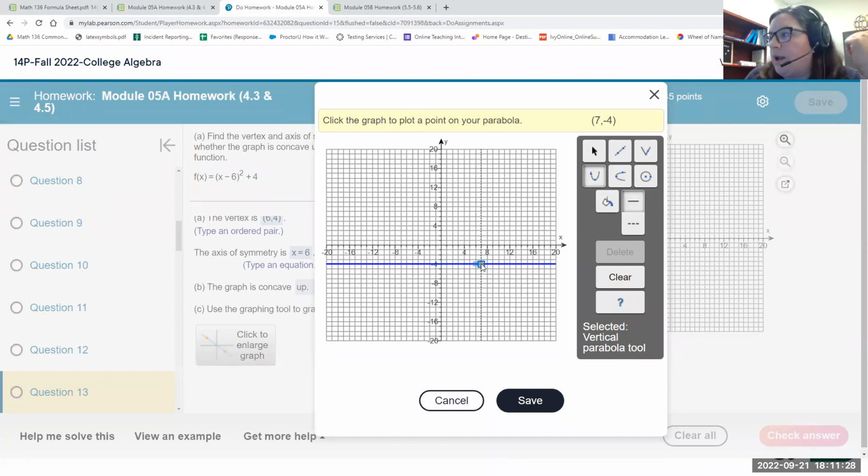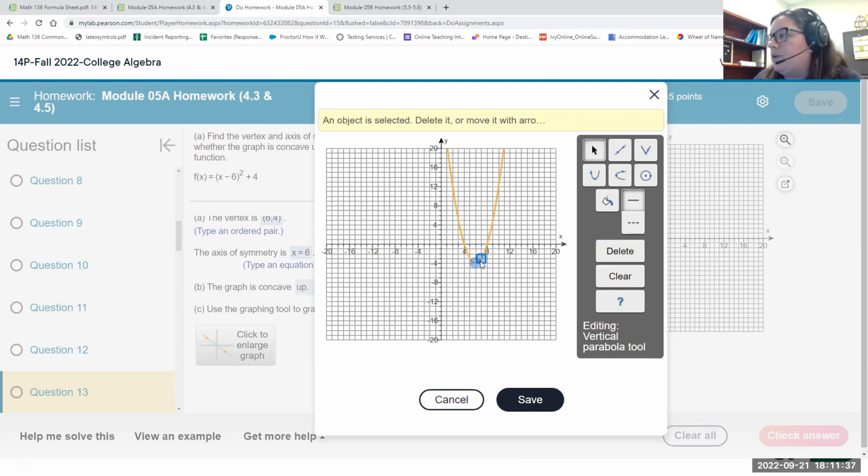So I'm going to go 1 unit to the right, 1 unit up. If it was a -1, I would go 1 unit down. If it was 5, I'd go 5 units up, etc. So that's kind of a shortcut, or again, you can always just plug in numbers for x. If you get very far away from the vertex, the points will get really far and be off the edge of the graph. So just pick a number close to the x coordinate of the vertex to plug in for x and evaluate to find a second point.